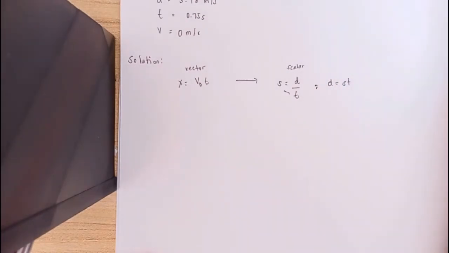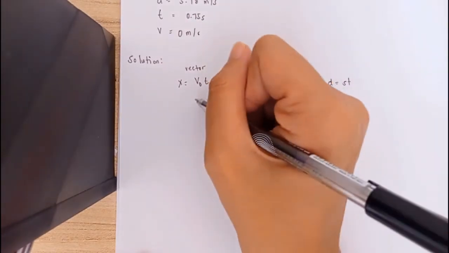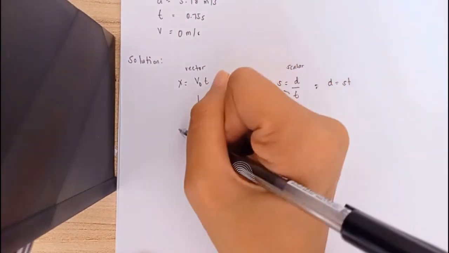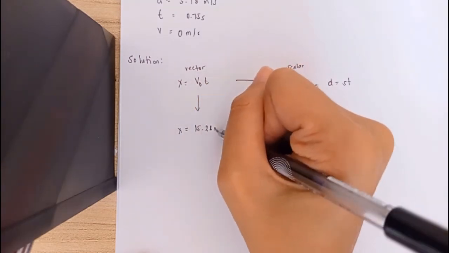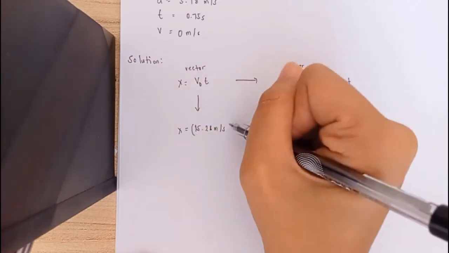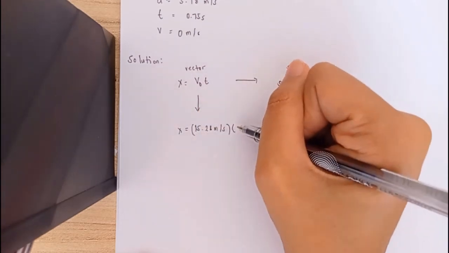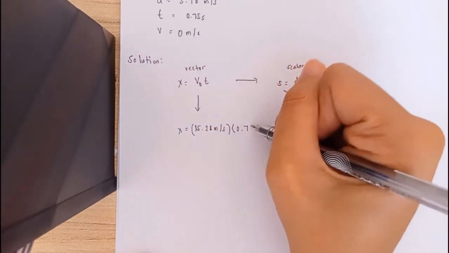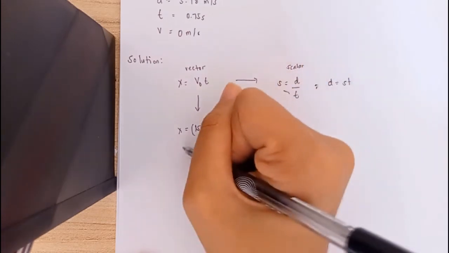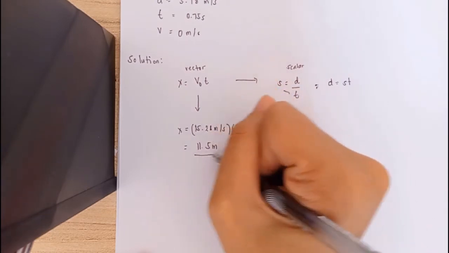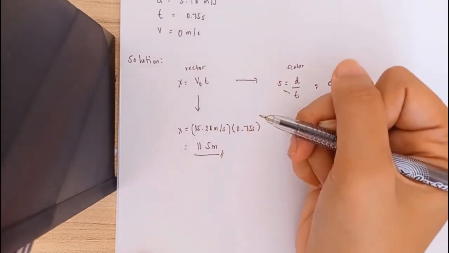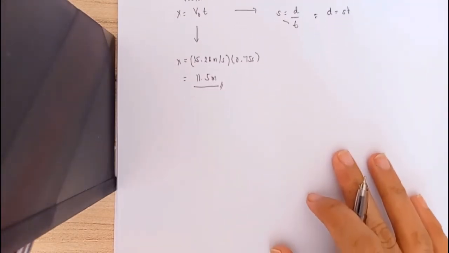And in vector quantity, that will be x equals v sub 0 times t. So our initial speed is 15.28 meters per second multiplied by time 0.75 seconds. So our x would be 11.5 meters.